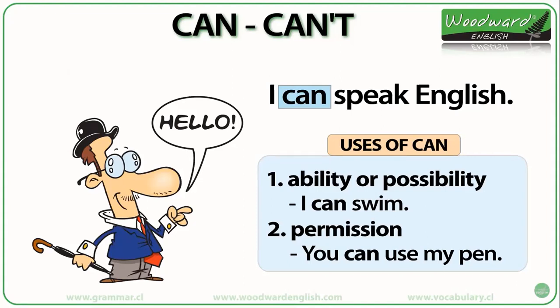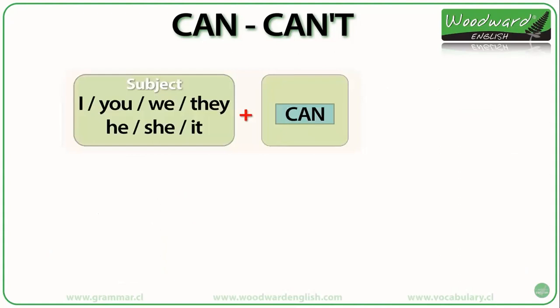It's simple. Can does not change. Whatever the subject, it is always can: I can, you can, he can, they can, she can, it can, my friend can, the teacher can, the chickens can, everybody can.